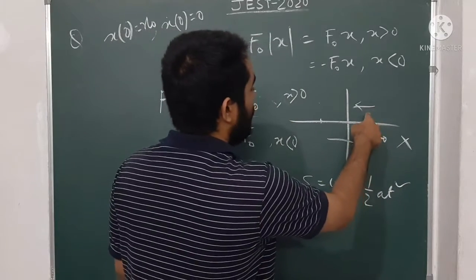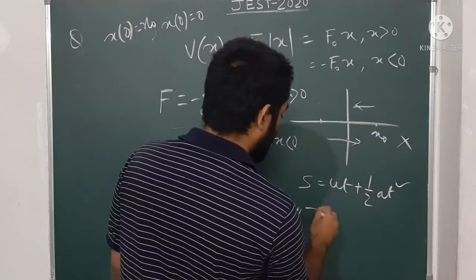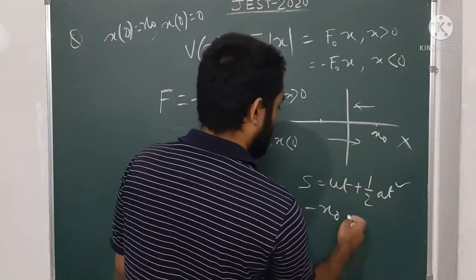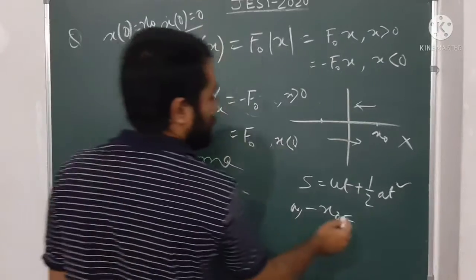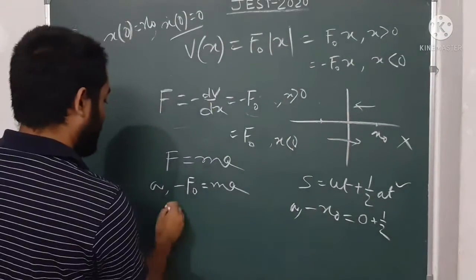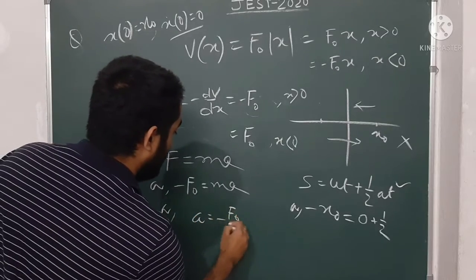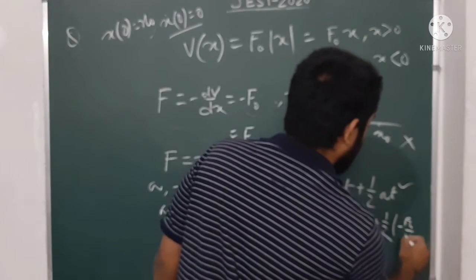Since the particle is moving along the negative direction, we take here minus x naught. S is minus x naught, and initial velocity is 0, so this is 0 plus half a t square, and a you can calculate from here: a is minus f naught by m.